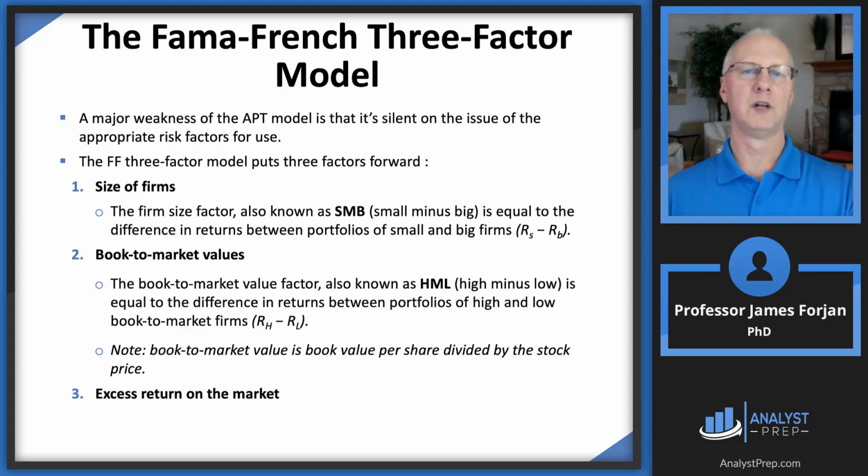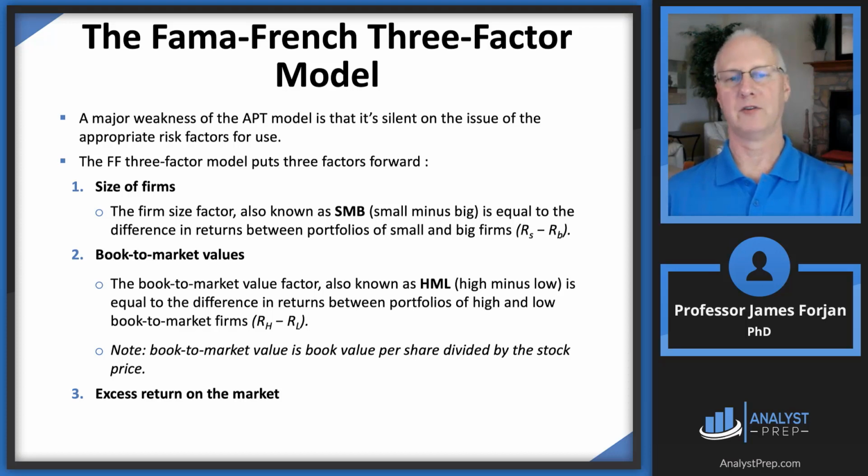So Fama and French, they came up with 3 factors. And this was really a fascinating article when it came out in the finance academic community. We're relying on firm size, we're relying on book-to-market values, and we're relying on market risk premiums, just like we did back in the capital asset pricing model.